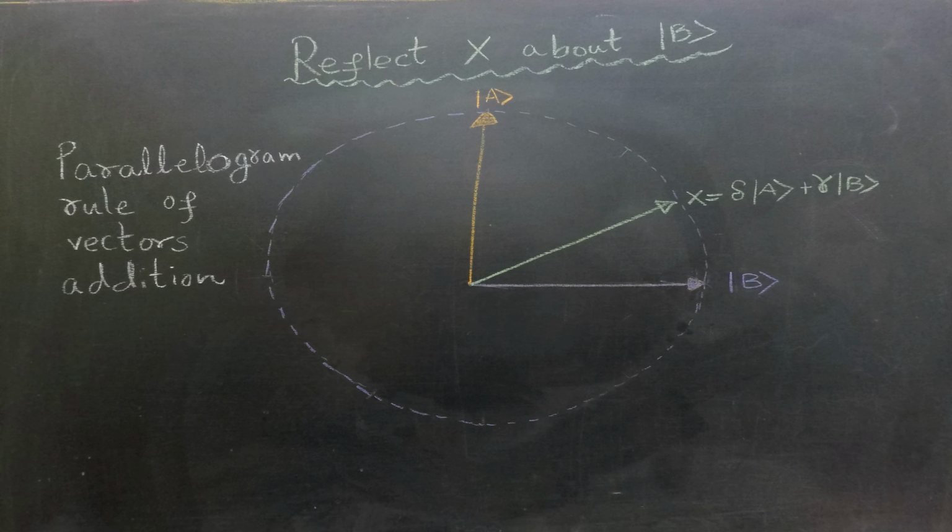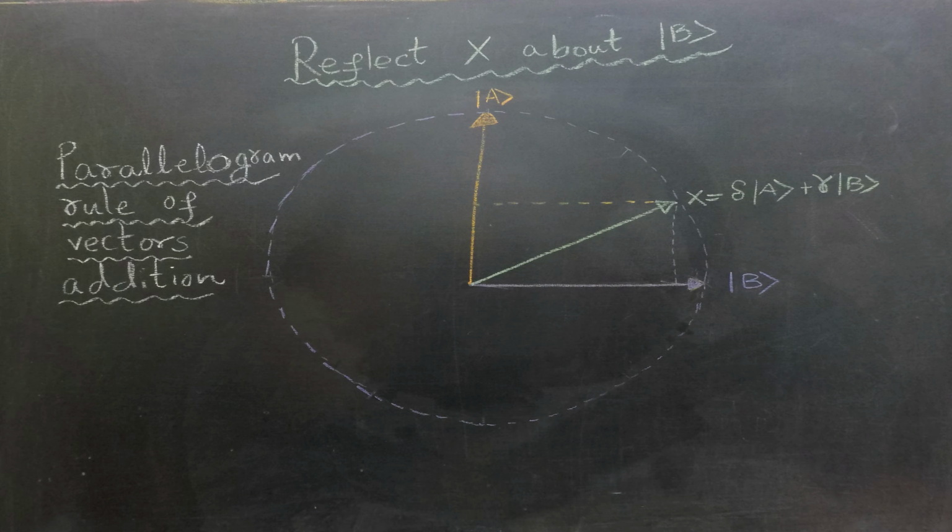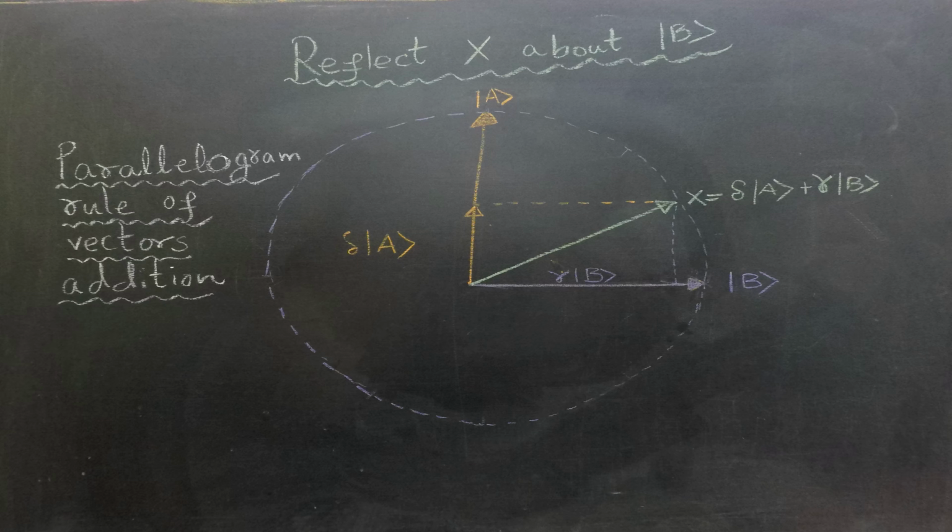When we want to add two vectors, we place their initial points at the origin, then construct a parallelogram based on their magnitudes. The sum of these vectors corresponds to the diagonal of the parallelogram. In our case, the lengths of the parallelogram sides are delta times ket A and gamma times ket B, while their sum forms the diagonal, which is the register X.